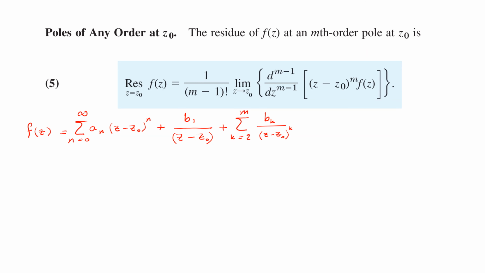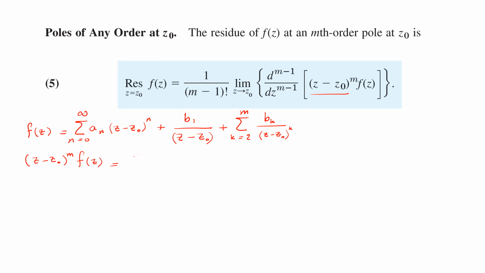So f of z can be written as this. Now, if I multiply this f of z by z minus z naught to the power m, what do I get? So let me write first, z minus z naught to the power m times f of z.